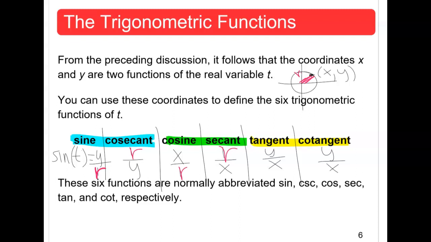When we do the next section, triangles, they will be defined in terms of opposite, adjacent, and hypotenuse. But for now, we're just going to stick to this.